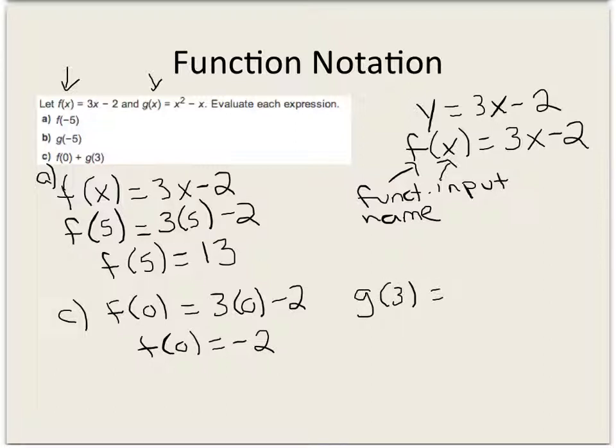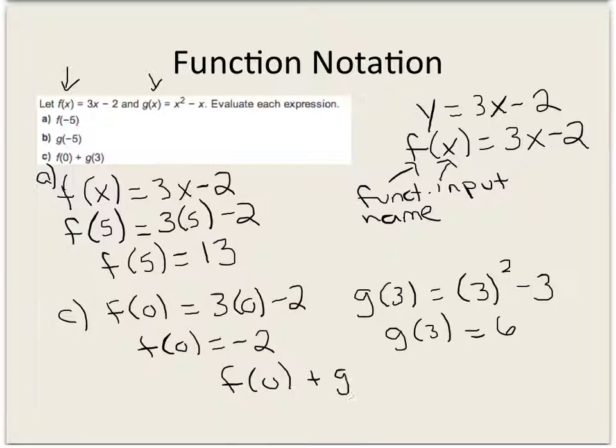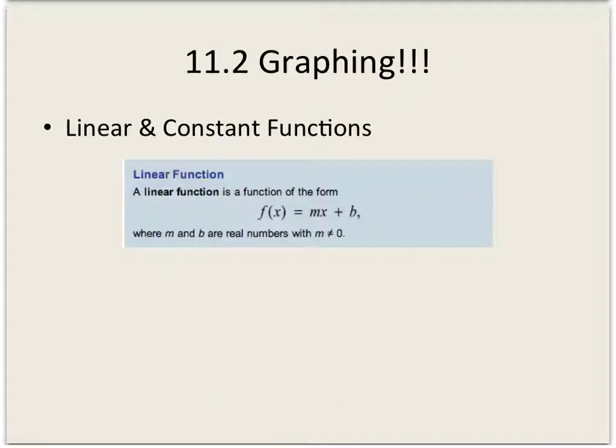So what's the value of the function g when x is 3? And I get 9 minus 3 is 6. So f of 0 plus g of 3 would equal negative 2 plus 6, which is 4.